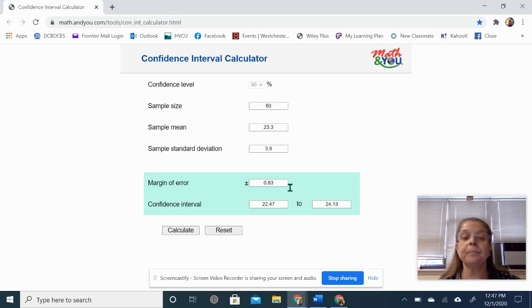So according to this, at 90%, where 90% of all samples will capture the true population mean, will land between 22.47 and 24.13. So 22.47 is our low.